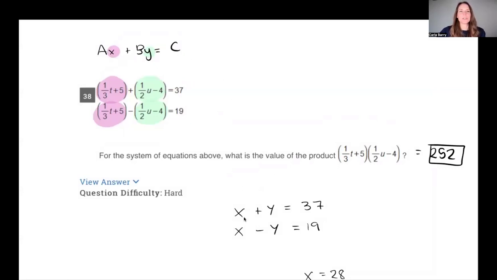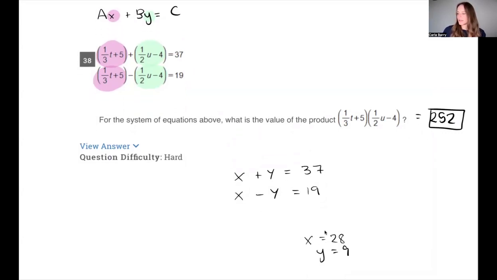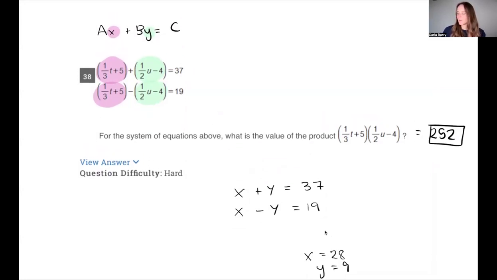And that would simply just be x plus y equals 37, and then x minus y equals 19. We used the graphing calculator to solve it and give us x equals 28 and y equals 9. We used Polysmelt there to find it. And then we could find the product, and product just means to multiply. So we're multiplying the 28 times the 9 to get 252, which is our answer.